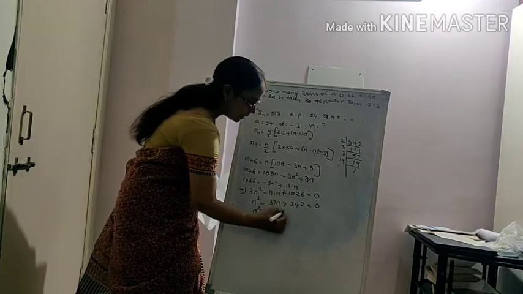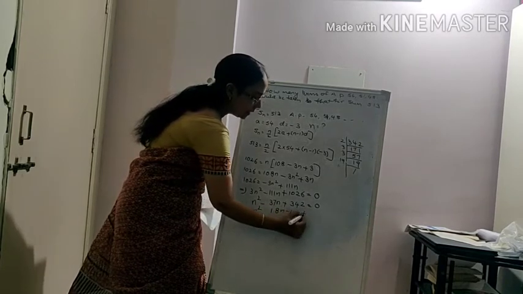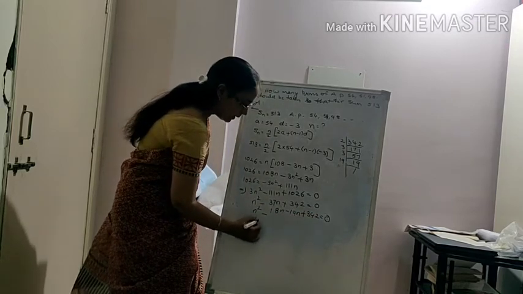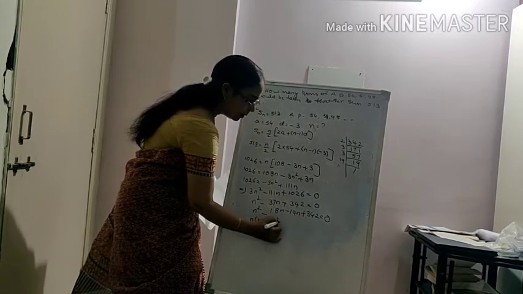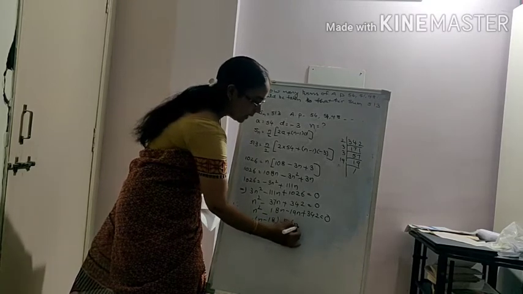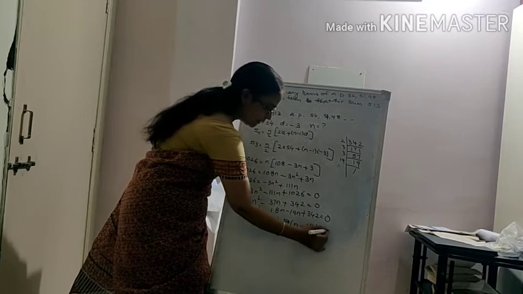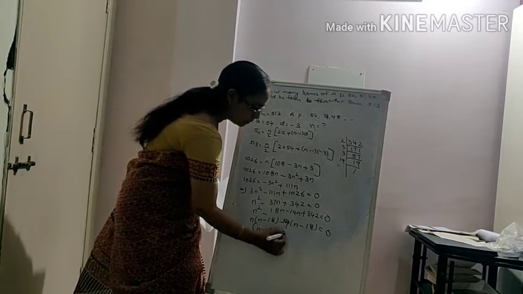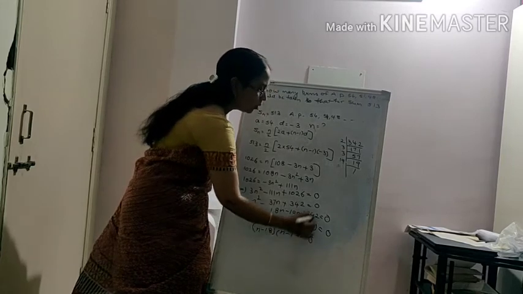So N square minus 18N minus 19N plus 342 is equal to 0. N into N minus 18 minus 19 into N minus 18 is equal to 0. So the equation is N minus 18 into N minus 19 is equal to 0.